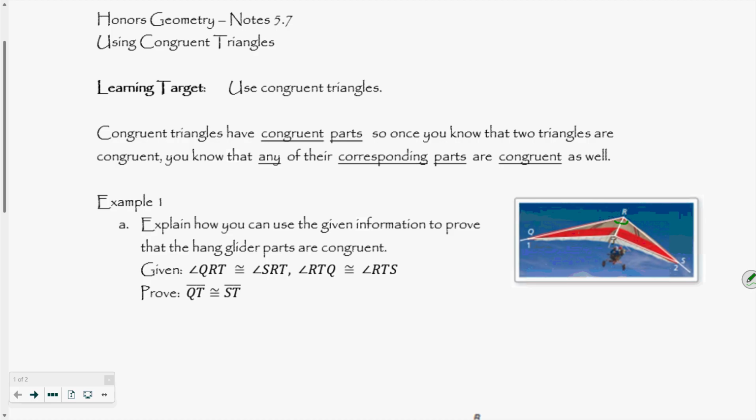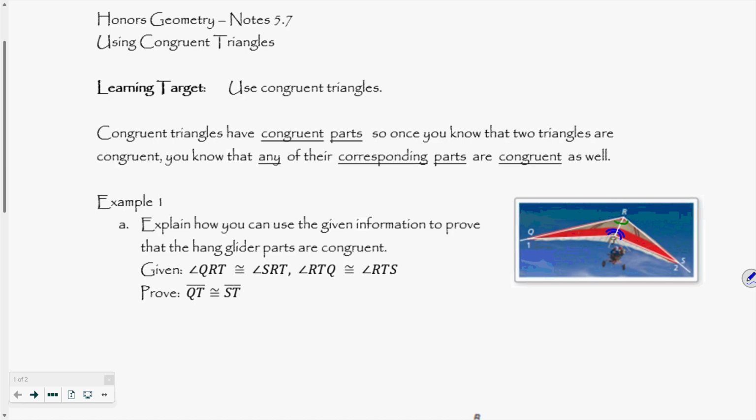So those 2 angles are congruent. And I also know that RTQ, this angle right here, is congruent to RTS, this angle right here. So I've got 2 sets of congruent angles.